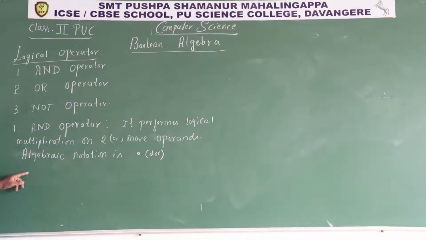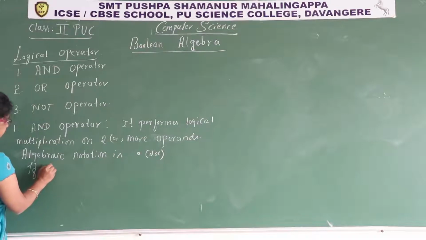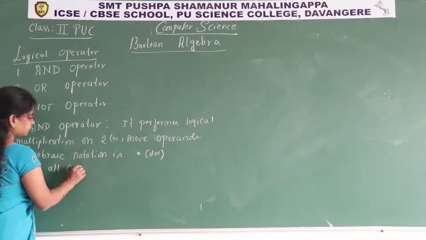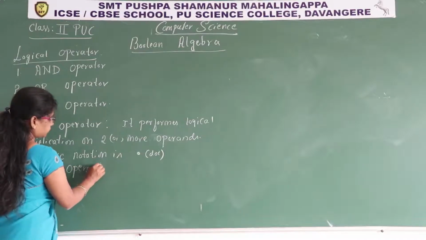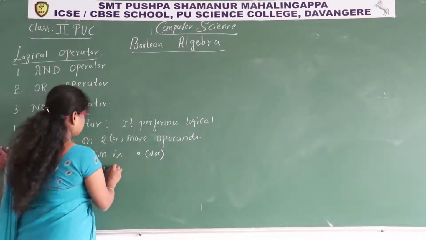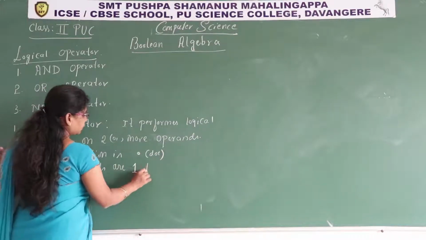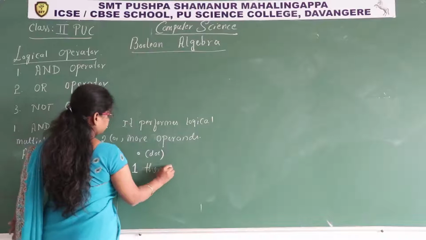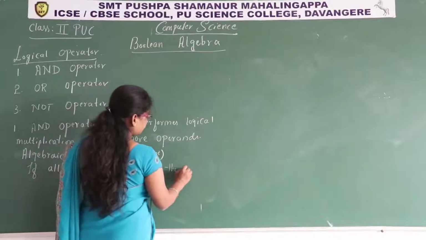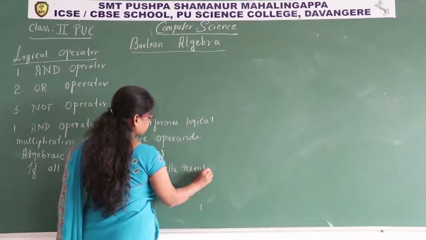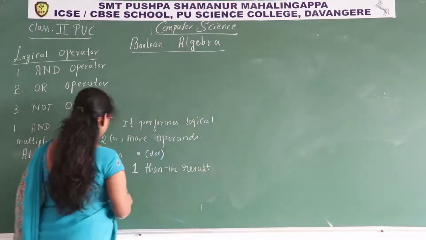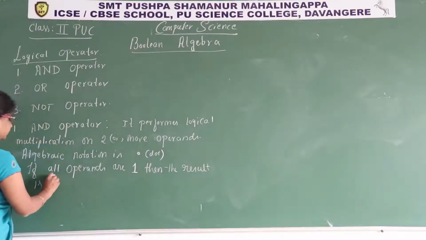Now you have to tell the working rule. If all operands are 1, then the result is 1.